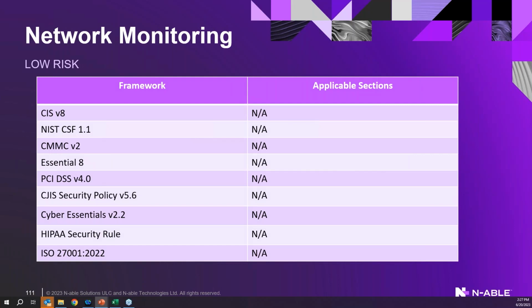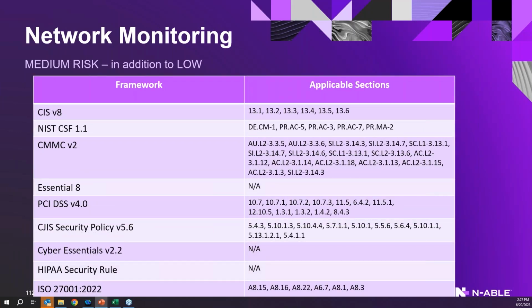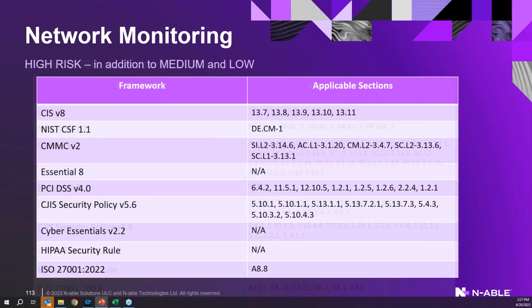Now, this is where we start seeing the controls that are being asked for starting to invert, where the low risk environments say you don't need anything here. But as we get into the medium risk environments and into the high risk environments, there are a lot more controls all of a sudden being asked for at these higher levels.